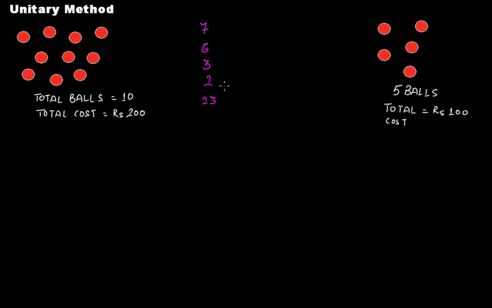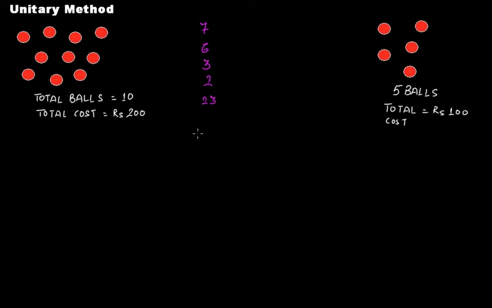Then you'll think about how to find that. The way to find the answer to such questions is that you first find, from the given information, the price or cost of one single ball.